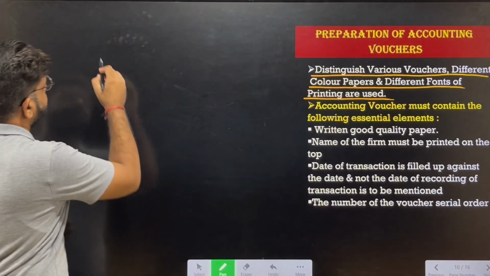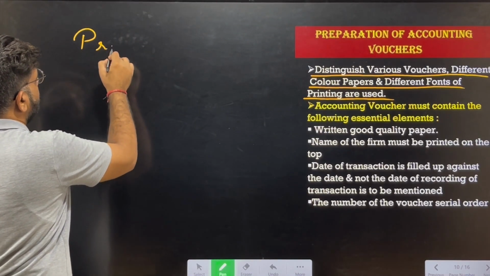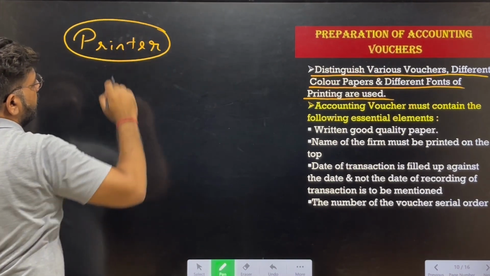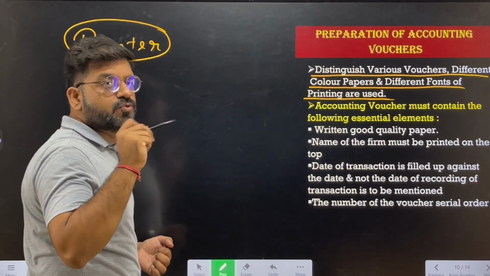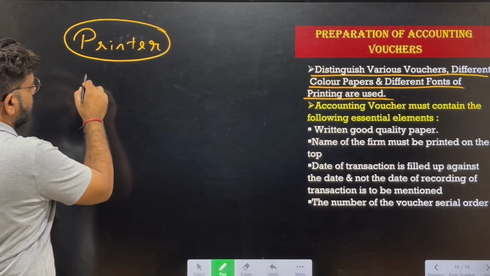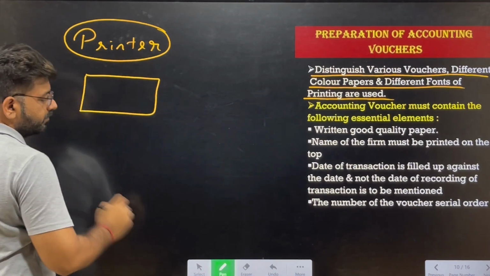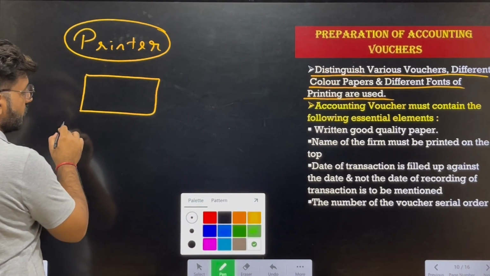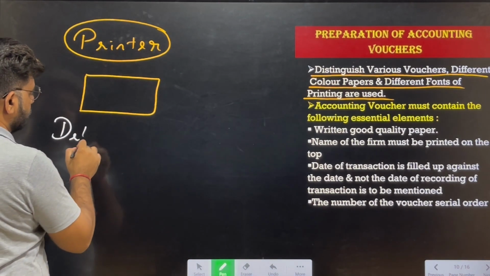So whenever a company purchases a voucher book in which everything has to be recorded as a source document, they ask the printer, the person from whom these are being purchased, to just color the debit voucher with yellow. Then let's suppose this is a debit voucher.